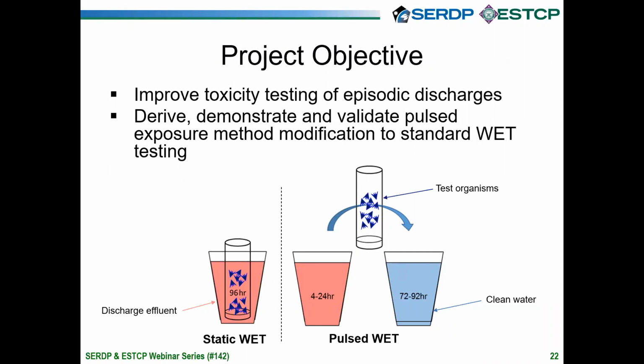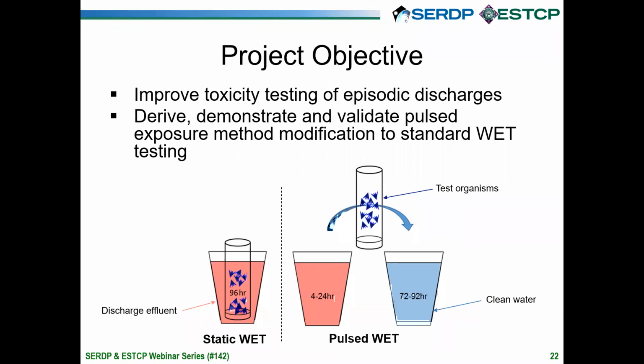So our project team has developed and refined a pulsed exposure toxicity test method for multiple species. Under current standard methods, as represented by the image on the left-hand side, using static whole effluent toxicity samples, the organisms are exposed to that sample for a continuous time period.